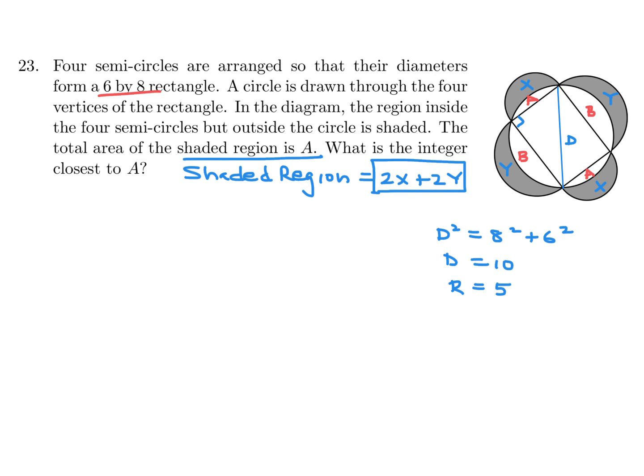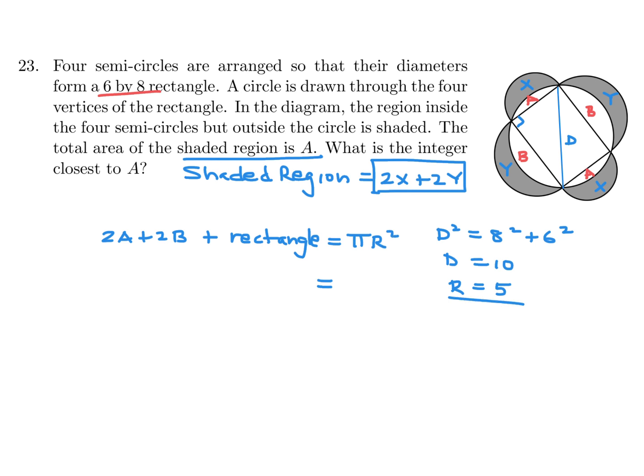The entire circle that's not shaded, the white circle, is 2a plus 2b plus the rectangle, correct? And that would be equal to pi r squared. Yes.